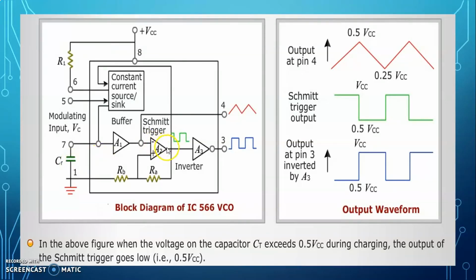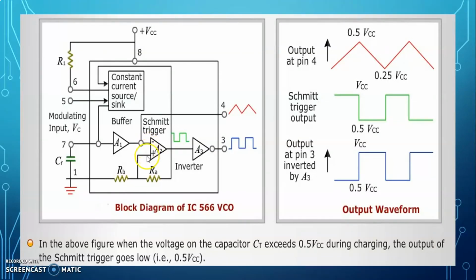In such a condition, the Schmitt trigger output goes to high. Here the Schmitt trigger inverting terminal voltage is less than 0.25 VCC.